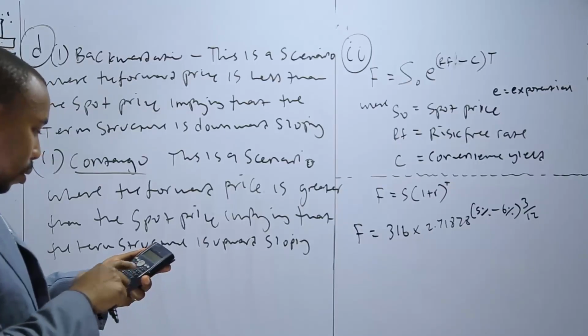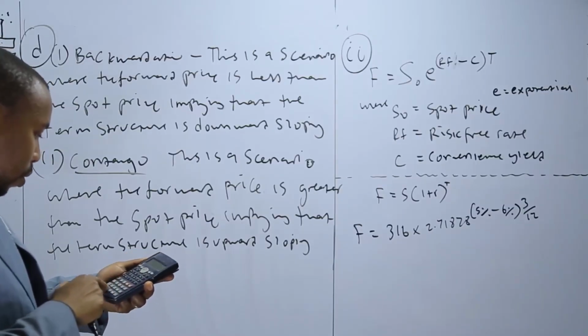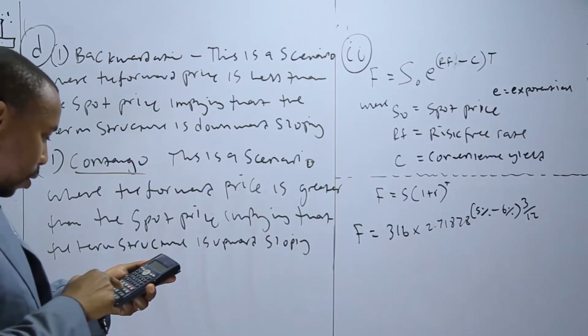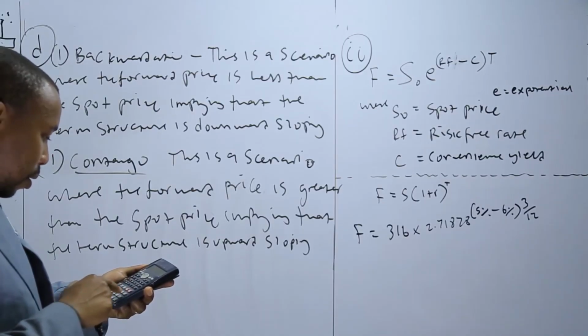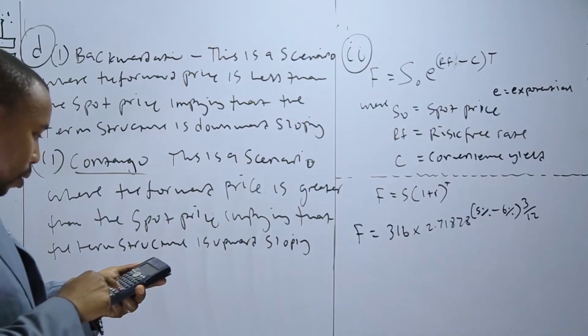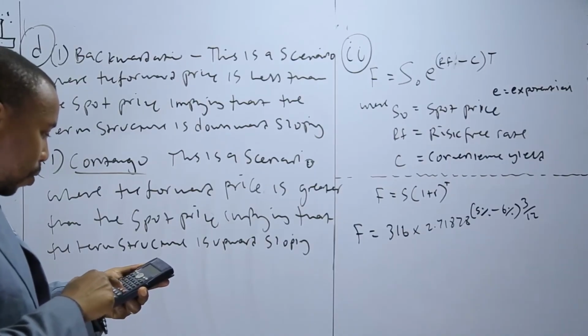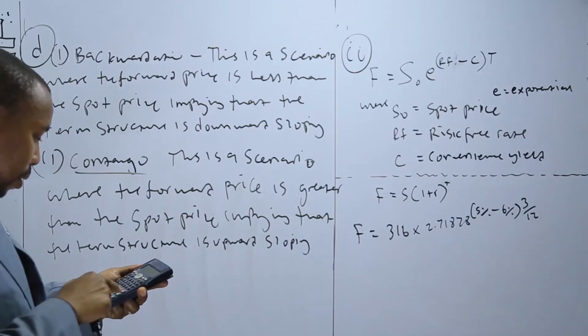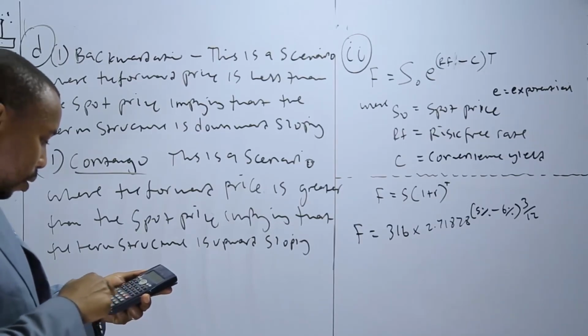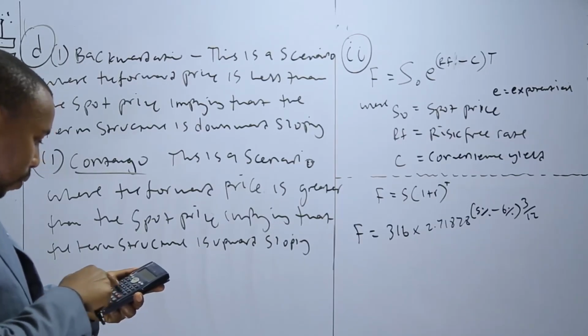We raise power 0.05 minus 0.06, 0.01, sorry, pardon me, 0.01 multiplied by brackets 3 by 12.